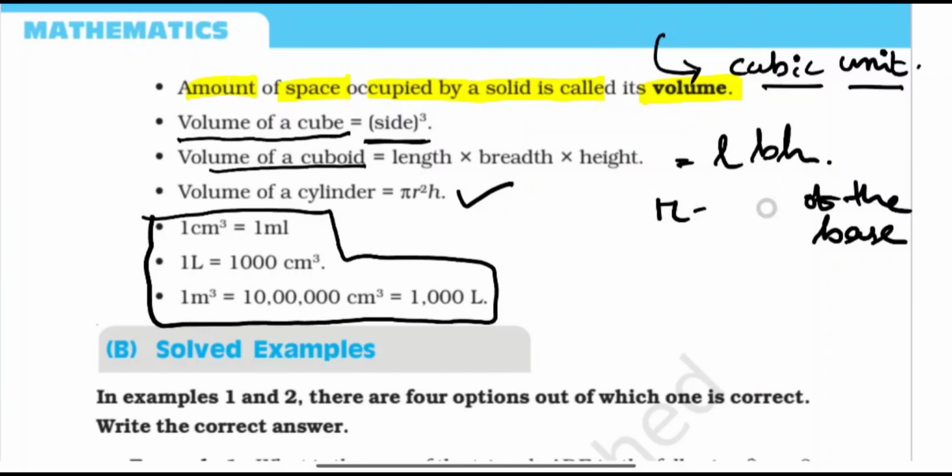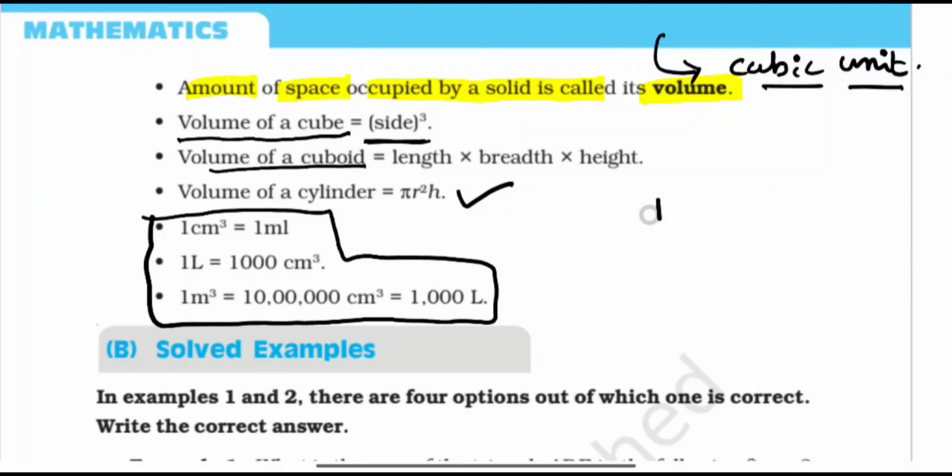Capacity and volume are interconvertible. If we know the volume of a solid figure, we can find how much solid or liquid can fit in it. As we all know, 1 centimeter cube of volume can fit 1 milliliter of liquid.